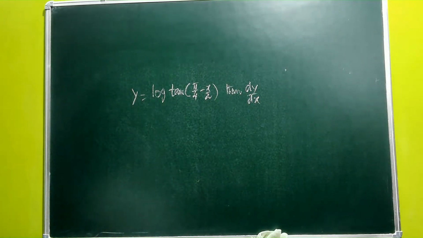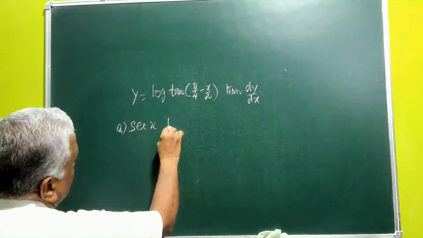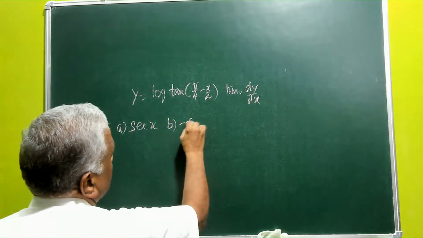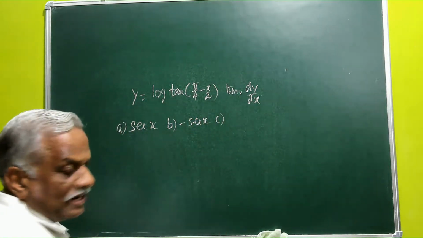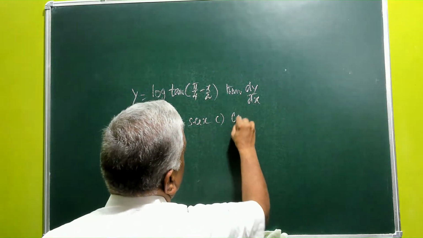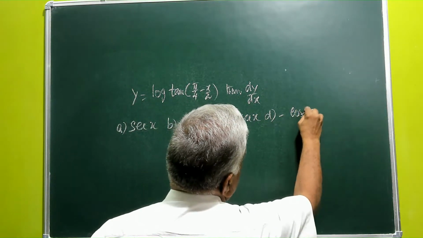I will write the 4 answers given. The first answer is secant x. The second answer is minus secant x. The third answer is cosecant x. The fourth answer is minus cosecant x.